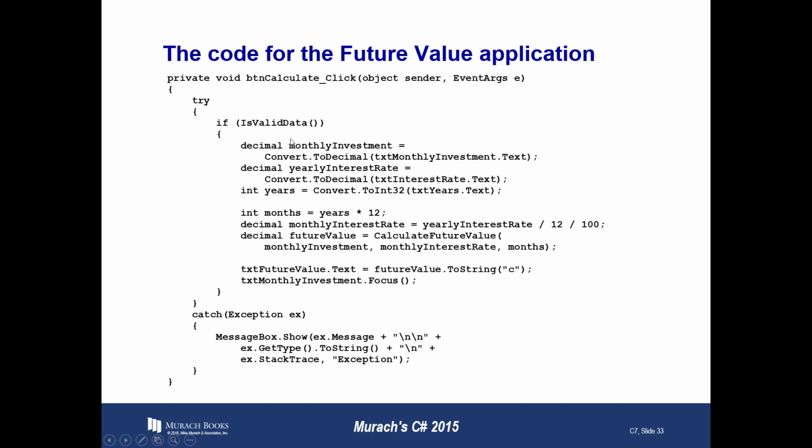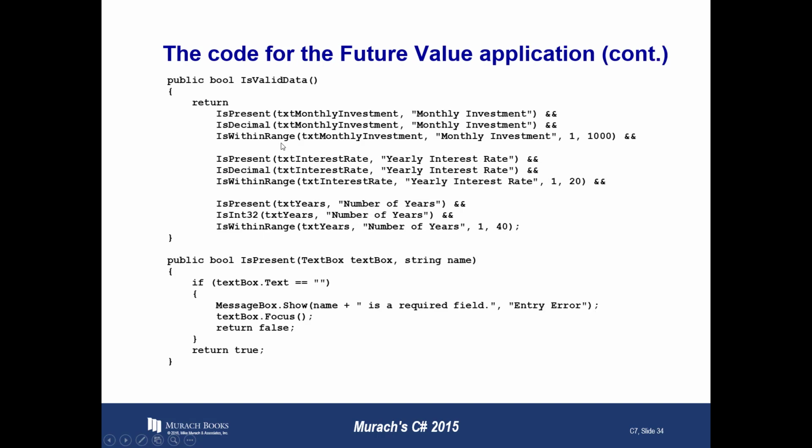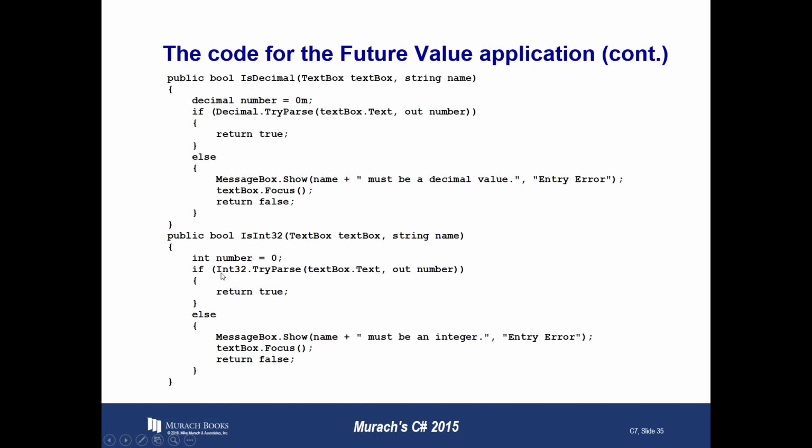So we've got the calculate in a try-catch. Here's the valid data, but it's not in a try-catch. Here's checking whether or not something is present or not, but again, not in a try-catch. So there are different ways of you doing the same thing. Bottom line.